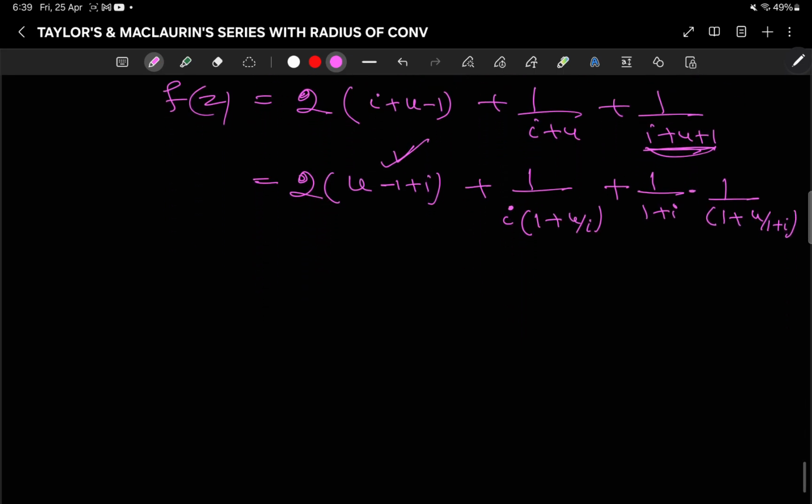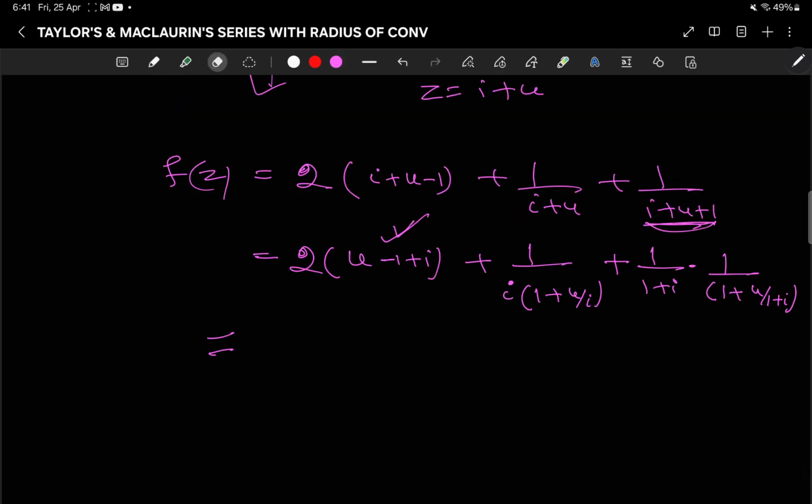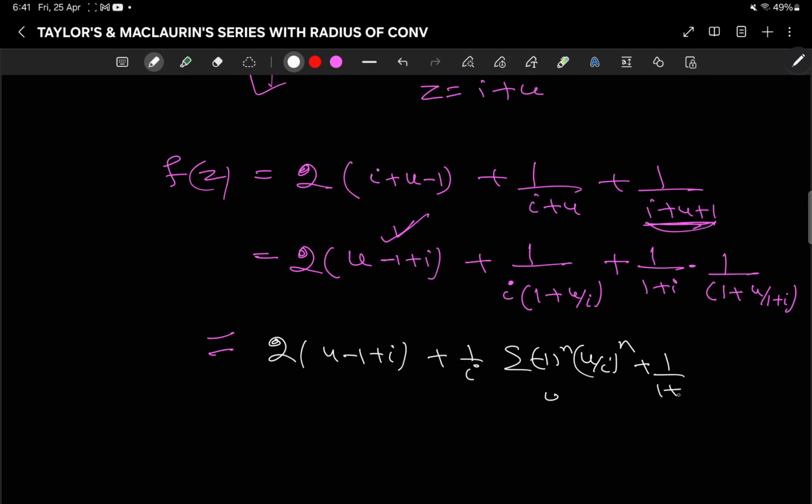Okay, so this is equal to, simply, twice (u minus 1 plus i), plus 1 by i summation of (minus 1) to the power n (u by i) to the power n, and here it is 1 by (1 plus i) with summation of (minus 1) to the power n (u by (1 plus i)) to the power n.